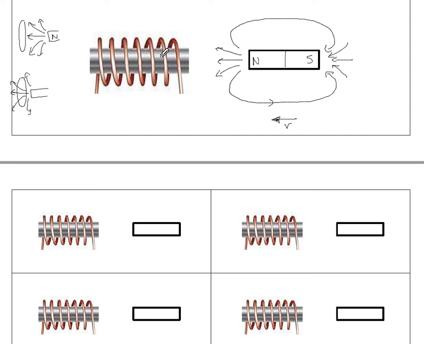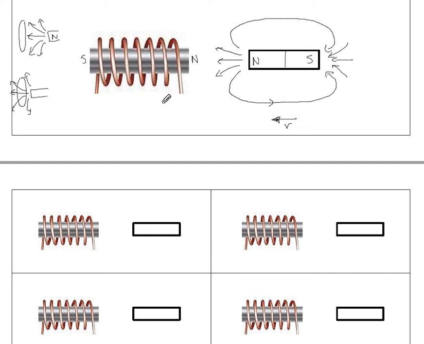But Lenz's law says that the current that's going to be induced is going to oppose that change in magnetic field. The magnetic field is getting bigger to the left, so this solenoid is going to create a current that's going to oppose that. Basically we get what's called an electromagnet. The solenoid is going to act like a magnet. To oppose that magnet moving closer, this side is going to act like a north pole and this is going to act like a south pole.